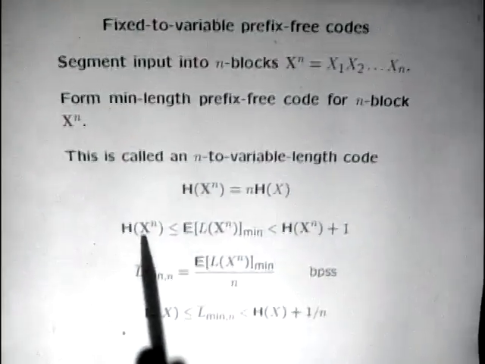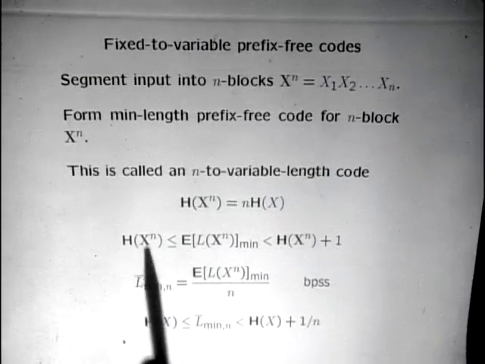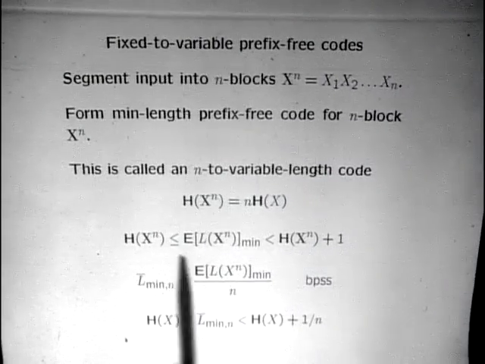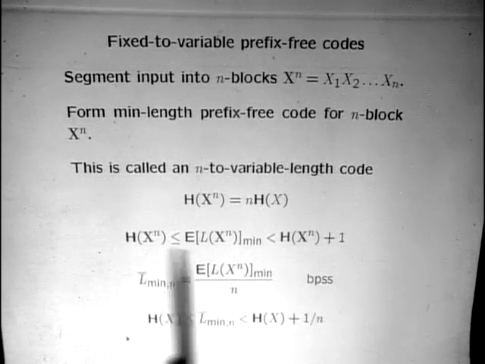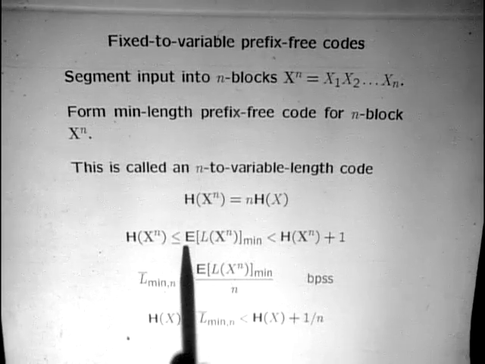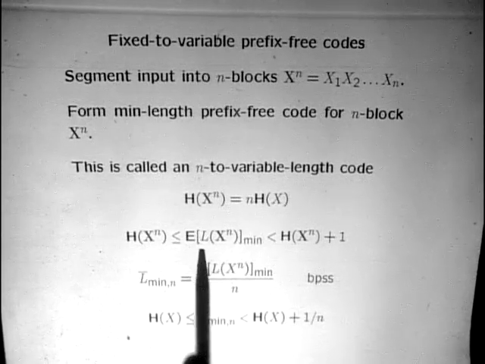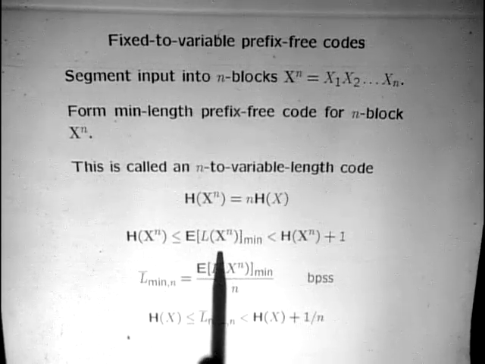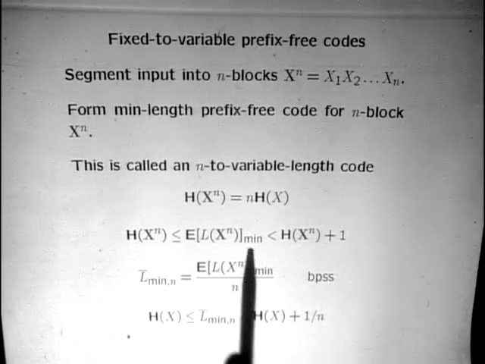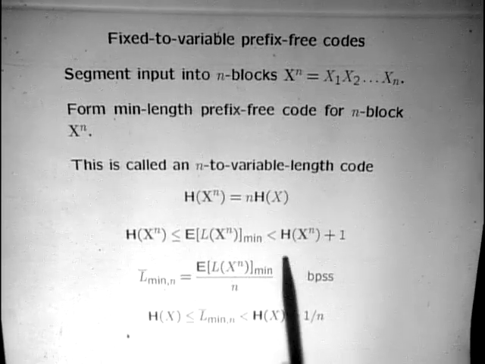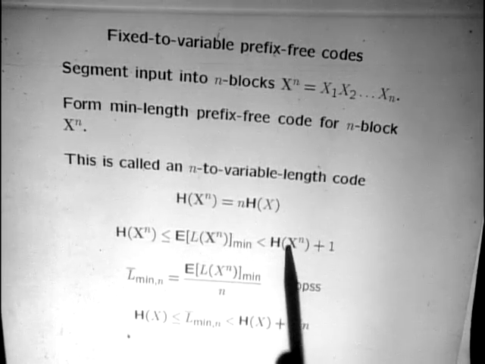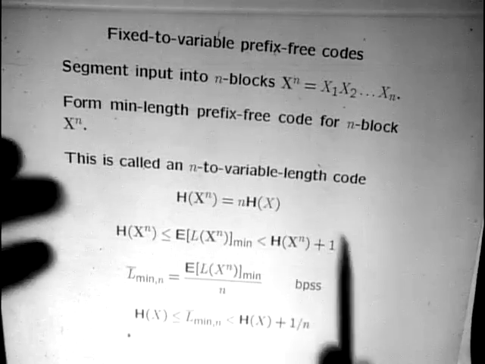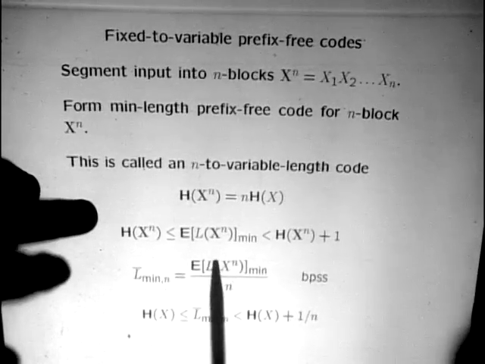And the result that you get is that the entropy of this big chance variable, X^n, is less than or equal to the expected value of the length of a code, whatever code you have, but when you put the minimum one here, this is less than the entropy of the chance variable X^n plus 1. That's the same theorem that we proved before.